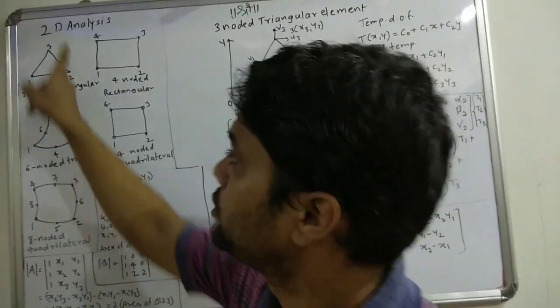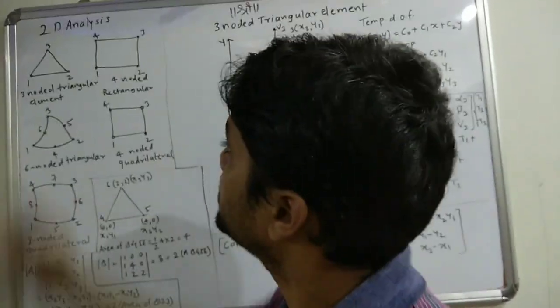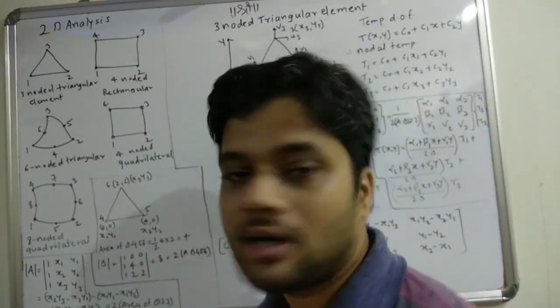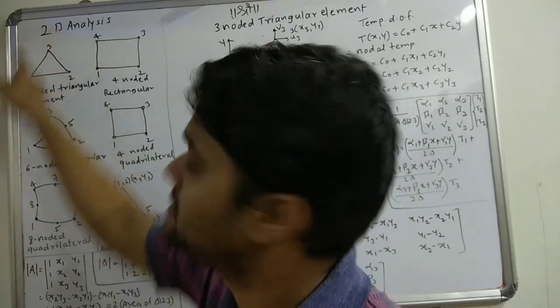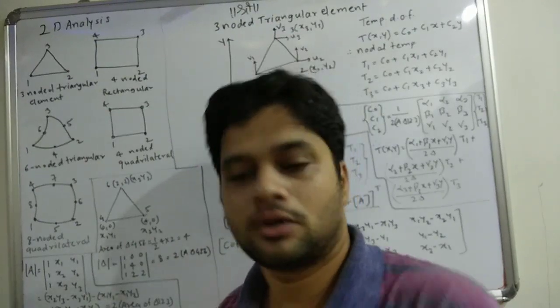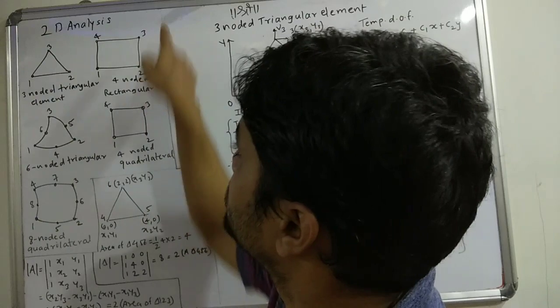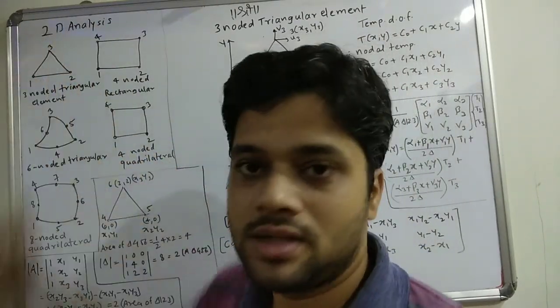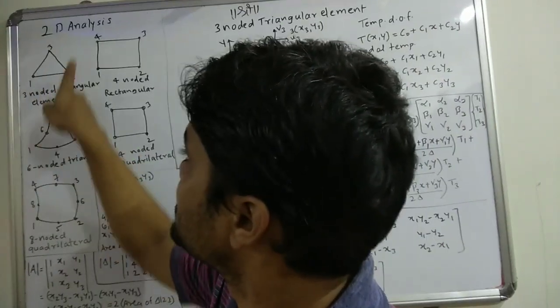Now, the three-noded triangular element will have three nodes at its three vertices, and the four-noded rectangular element will have four nodes at its four vertices. We generally number the nodes in the counterclockwise direction, starting from 1 2 3, and 1 2 3 4.